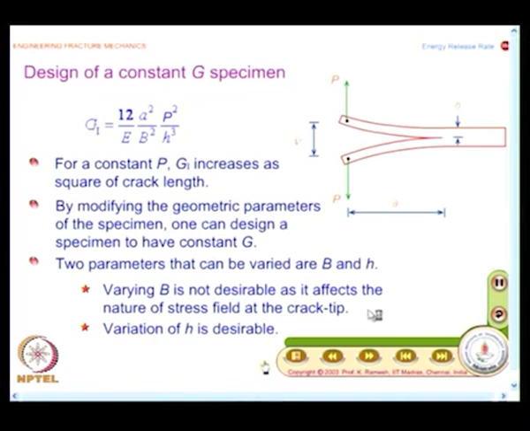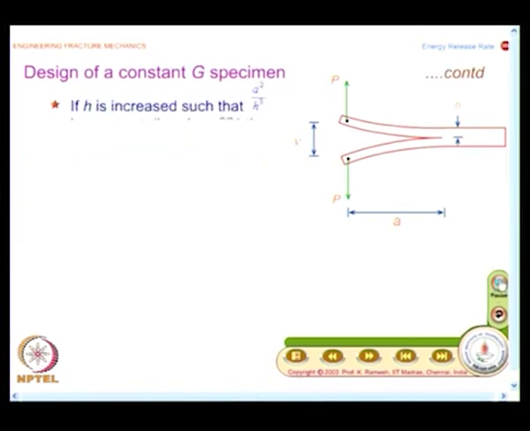And we will also look at how to change it. What we should do is, for G to remain constant, increase H in a fashion such that H is proportional to A power 2 by 3. So, I vary the H, though it appears like a nonlinear expression, in reality if you look at the dimensions and substitute, it is more or less like a straight line.